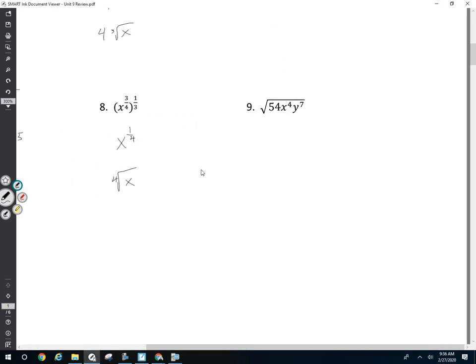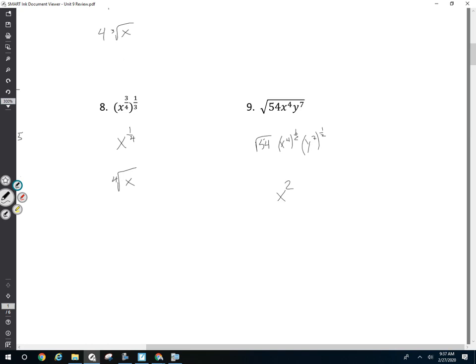Okay, and now we start simplifying things like 54, square root. Now, all of these, this is just a 1/2 power. We're going to be square rooting all of these. Now, this might be different than what your teacher teaches you or what you've seen in the past, but this is what I would do. I'd probably start by understanding that it's a 1/2 power. That way, when I take a power to a power, I can multiply.